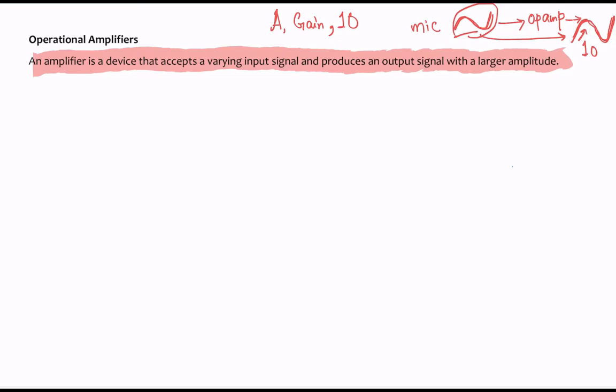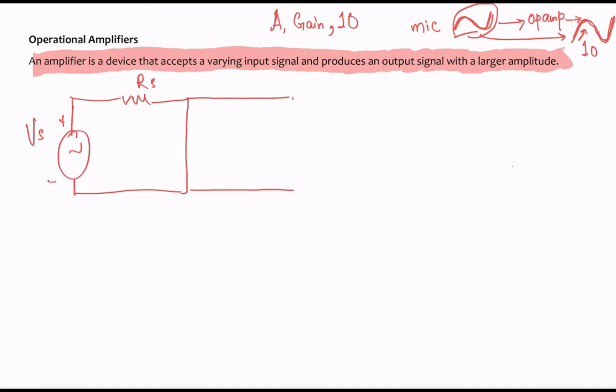Say you have a source right here, and I'm going to label it as VS. Whenever you model a source, we always have this practical source concept. You'll have this input resistance, and I'm going to call this input resistance RS, source resistance. We are going to drive this input signal to an operational amplifier over here.